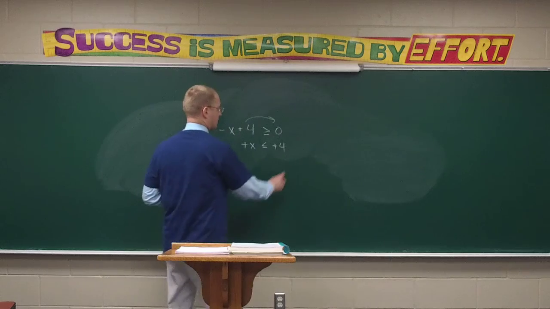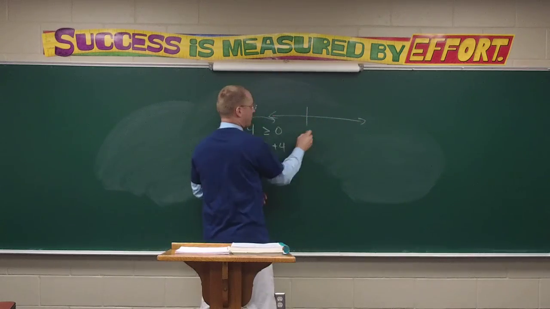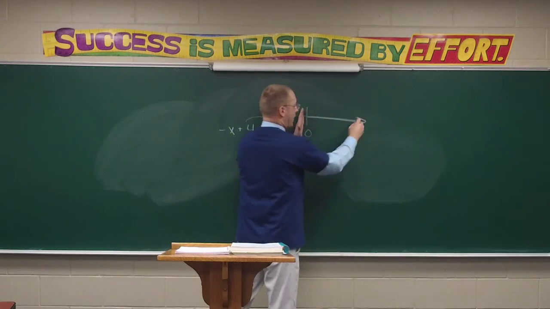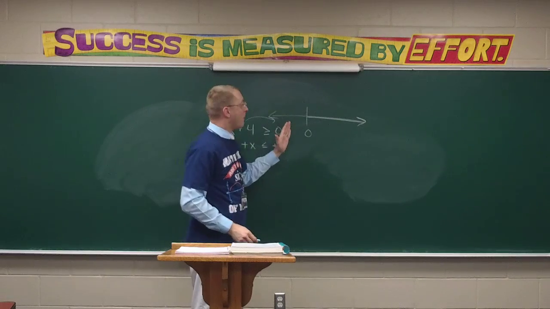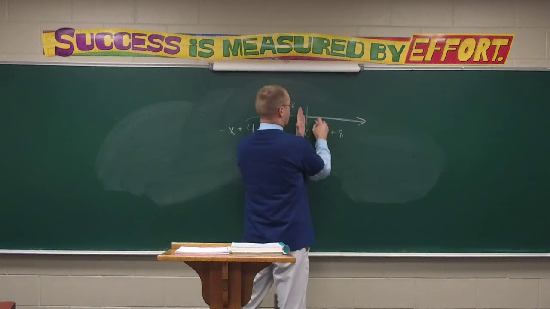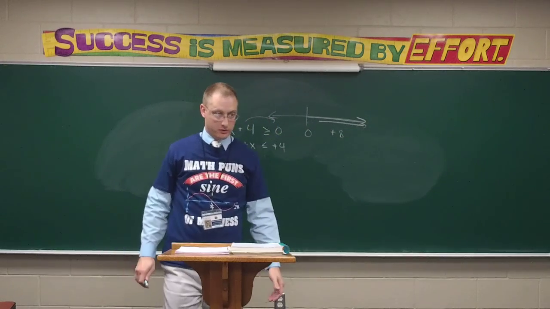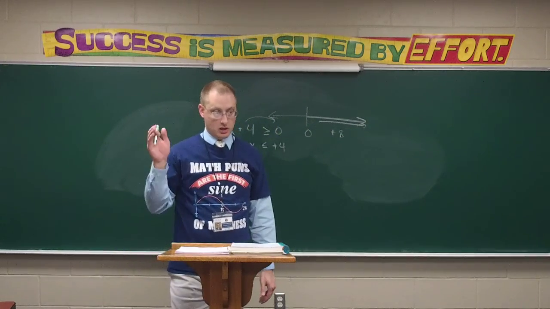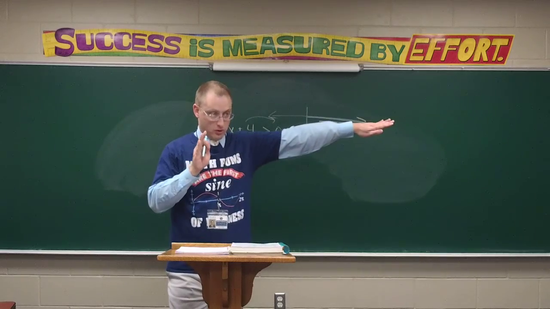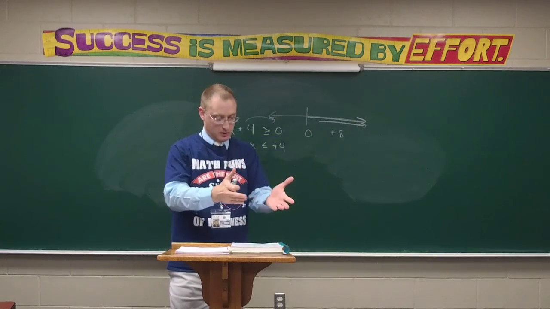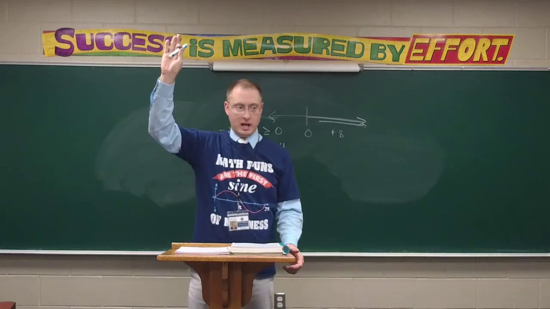By definition, Genesis, positives are numbers that start at 0 and go up to infinity, right? But then we're going to add 8 to all of it, which just shifts the arrow that way. So what's my range? There we go, +8 to infinity. Does that make sense?